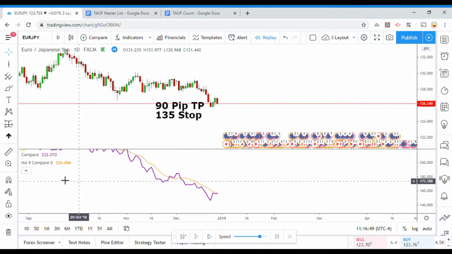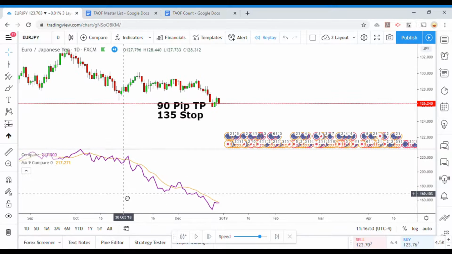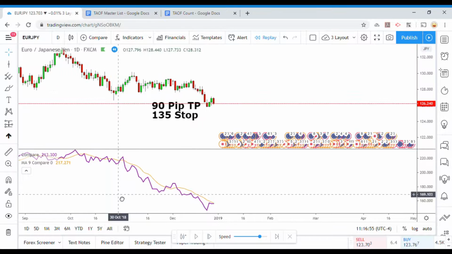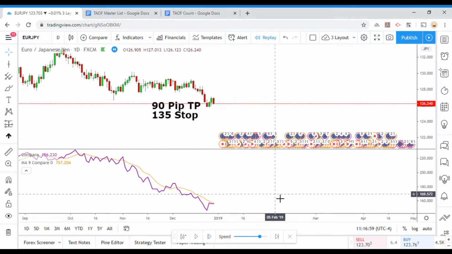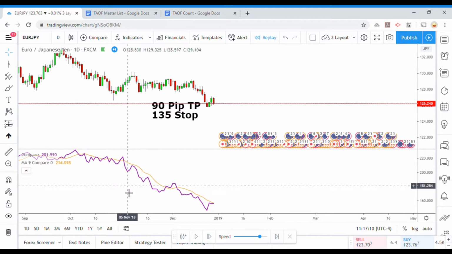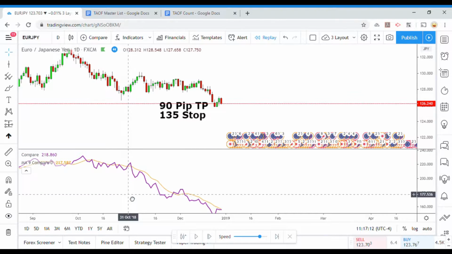Alright, so like I said, today's indicator will be the compare indicator. The compare indicator is a single line indicator. It does not really have a zero line, very similar to the last indicator we tested, the accumulation distribution indicator. So what we have done is the same setup here.